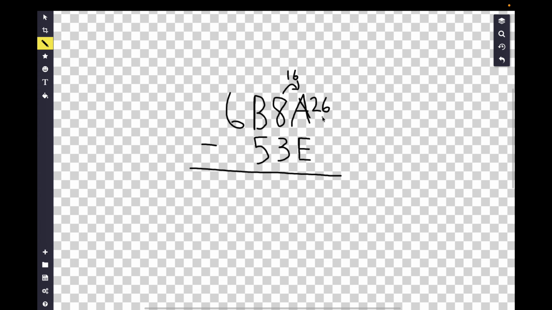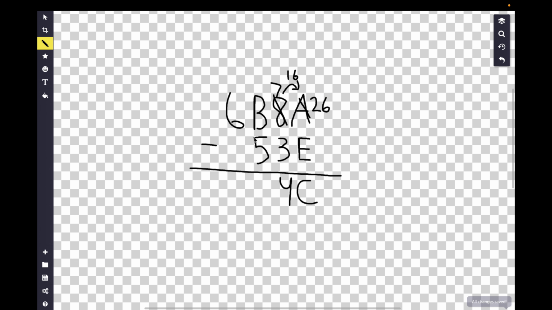And now 26 minus 14 is equal to 12. And we can't write 12 here, so instead we have to write C. And now that we carried over 16 from this 8, we have to bring it down to 7. So in this column, we have 7 minus 3, which is 4.